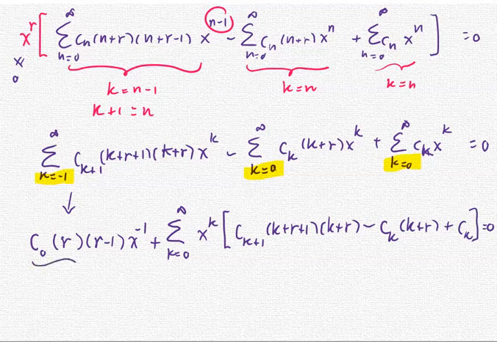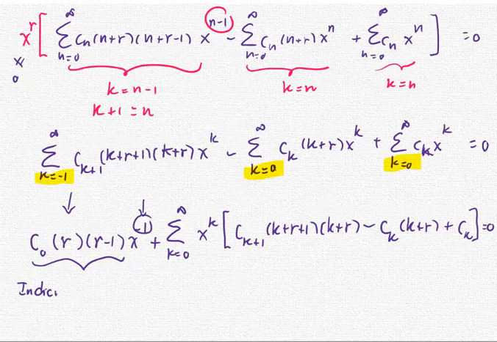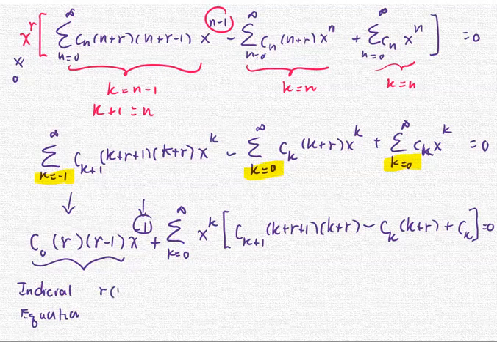The initial equation from the lowest power of x, which is negative 1, is r times r minus 1 equals 0, because the coefficient C0 we assume is not 0.